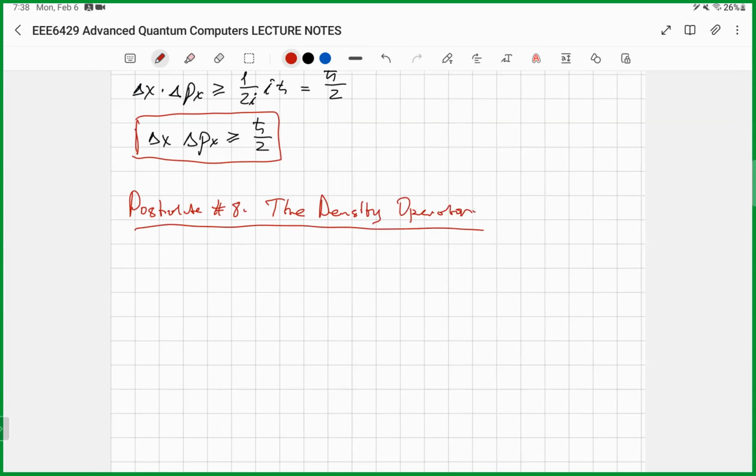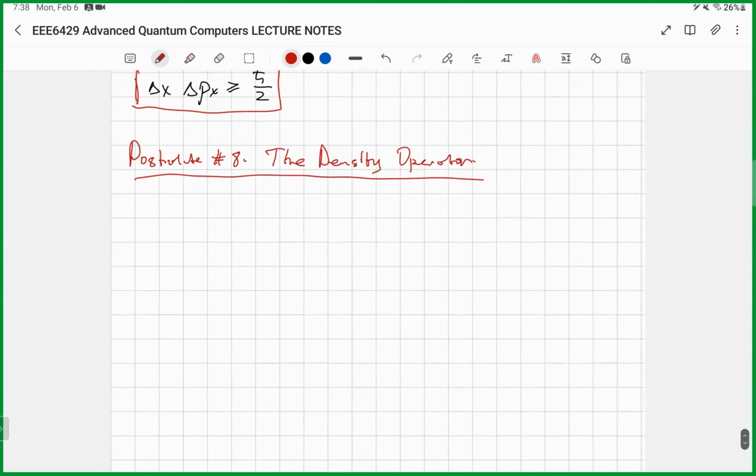We will discuss this density operator, why we need it, and how it works.